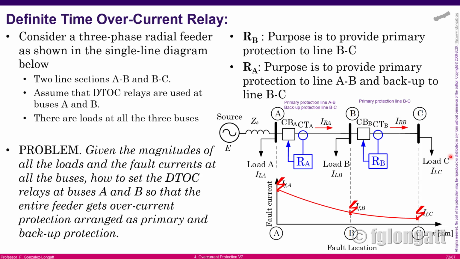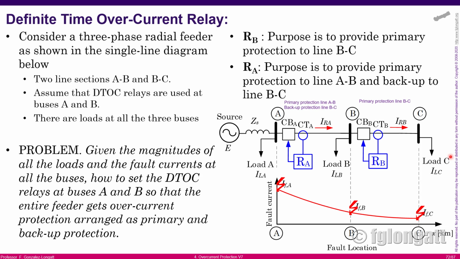What is the problem here? The typical problem is, imagine that you know all the loads and fault currents. You know all the load and current conditions, loads and fault.